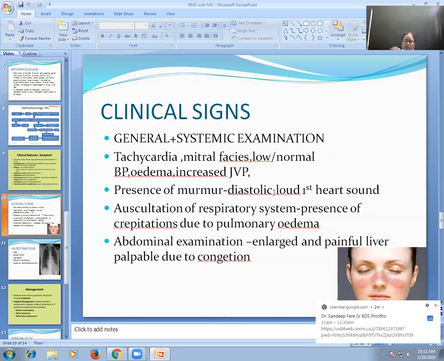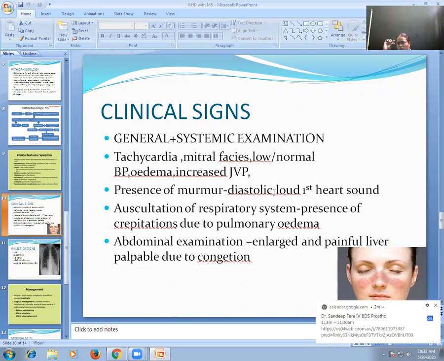This murmur is nothing but a harsh rumbling sound. Now what is murmur? Murmur is a harsh rumbling sound which is produced in the heart because of increased turbulence in the blood flow. This turbulence occurs because your blood flows through a narrow orifice.